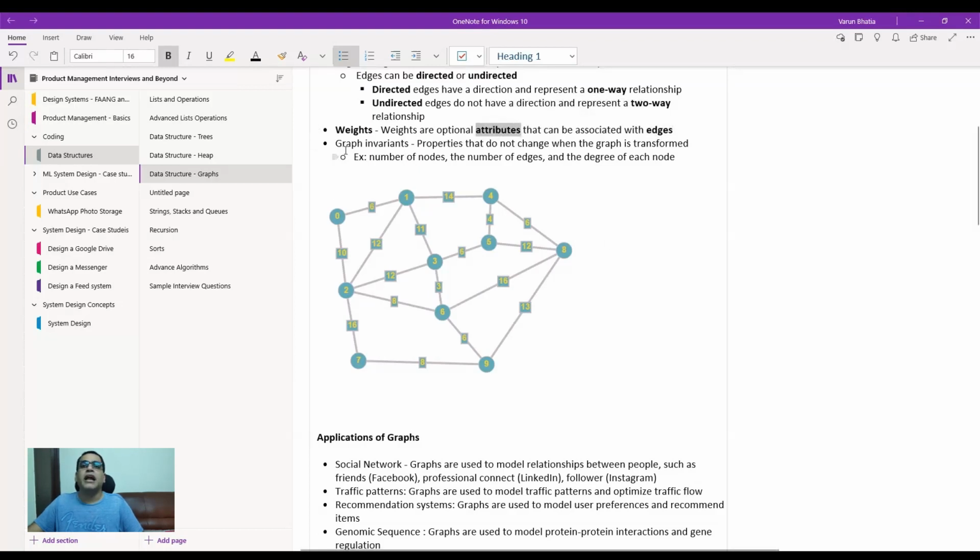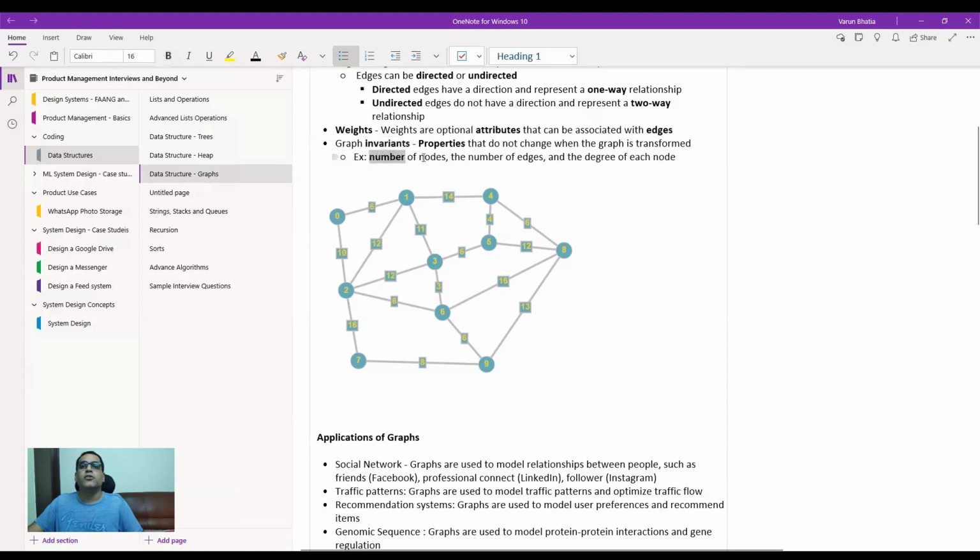Graph invariants are basically properties that are usually used when you are looking at transforming graphs. So in most cases, if you are given a particular type of graph and you transform it to some other type of graph, there would be some invariants that are non-negotiables and will not change. For example, the number of nodes.